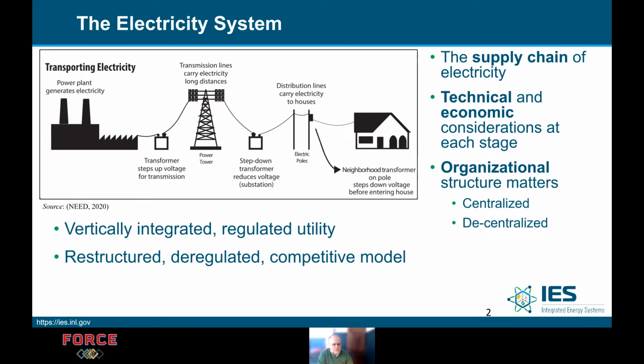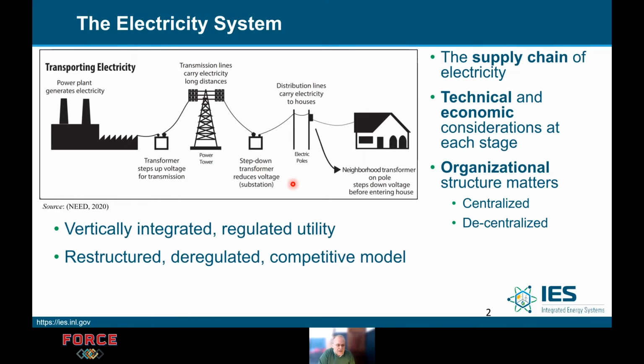There's the generation of electricity and the different assets for generation, and how those feed into the transmission network, where the voltage gets ramped up to go on a transmission grid and move from one region to another.